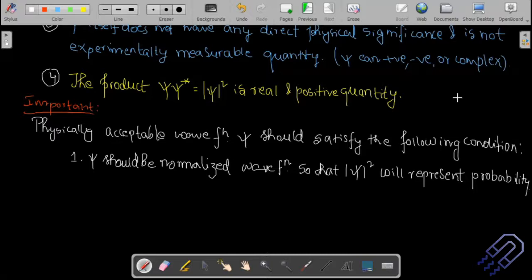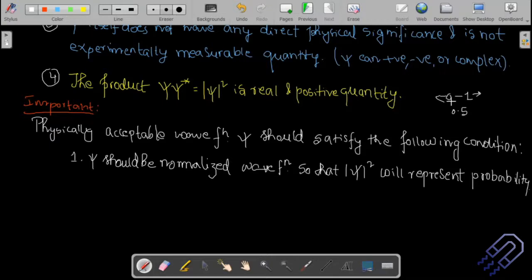So if someone says that the probability of raining today is 0.5, that means 50% chances of raining, right? So since psi is representing probability, if I say 1, that means that particular particle is definitely present there. If I say 0, I can be sure that the particle is not there, right? And in between it will be all probabilistic.